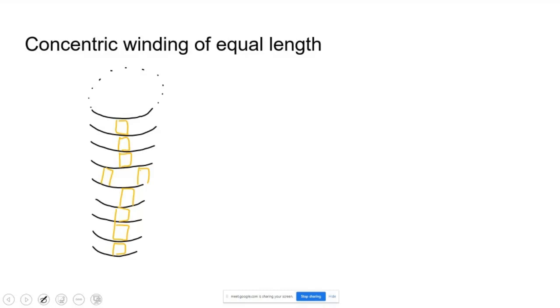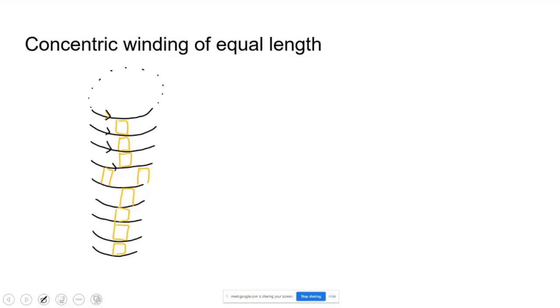Now I am asking about the internal forces, meaning due to the currents in the same direction, in the same winding. So I'll draw this. This is the current direction, say in all the windings.